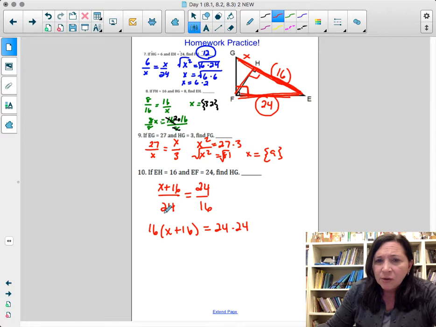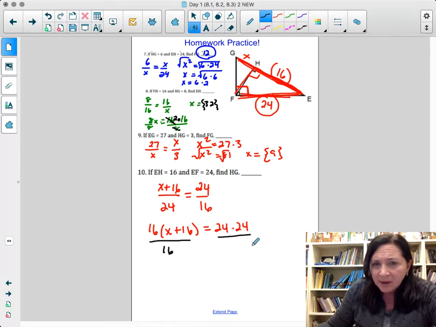And what you can do to make your numbers a little bit smaller is if you don't have a calculator, on both sides, I can divide by 16, meaning I'm going to cancel this divided by this, and that's going to make 1. And 16, I'm going to split 16 up and make that into 4 times 4.